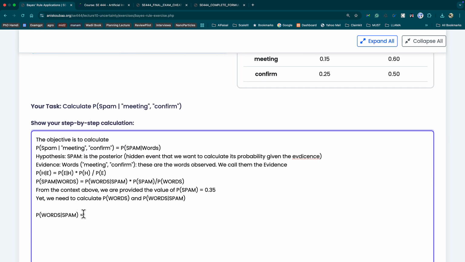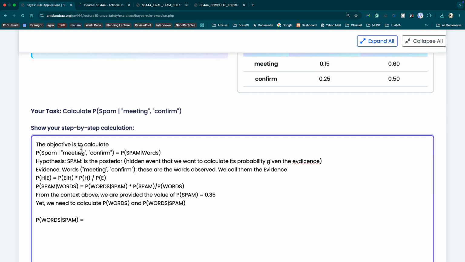Our words are meeting and confirm, so this becomes the probability of meeting given spam. Going to the conditional probability table, the probability of meeting given spam is 0.15. I'm decoding the problem, making the solution fully decoded. Then confirm given spam is 0.25.